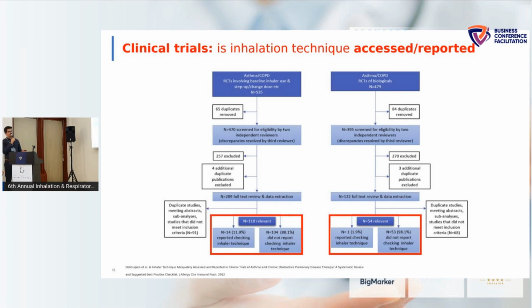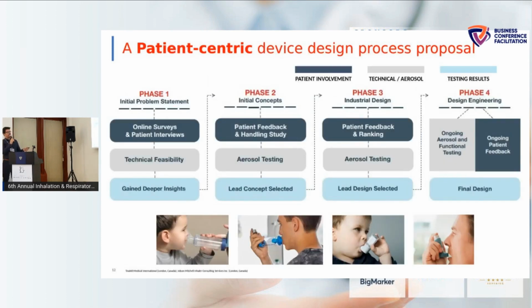And you can see that you have four different phases. In each phase, you have three different sections, and you can see it by the different colors. First one is patient involvement in that specific phase. Then you have the technical part where you are testing some specific attributes or designing some prototypes, and then you have the testing result, which you evaluate if you're really achieving the goal that you are looking for.